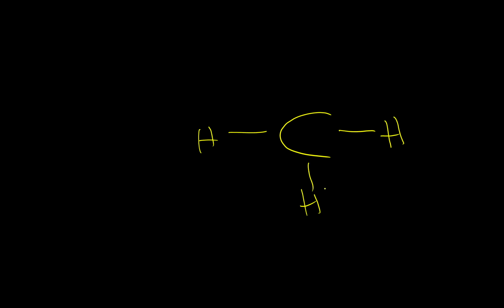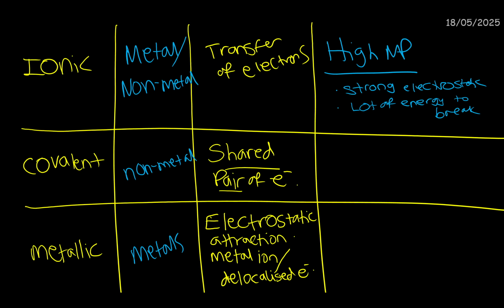Now, if graphite and graphene are forming 3 bonds, then can you see we've got delocalized electrons here? Yeah? So the reason why they conduct electricity is because these delocalized electrons can carry the electricity. So to summarize, diamond does not, graphite and graphene do, because they've got these free electrons.